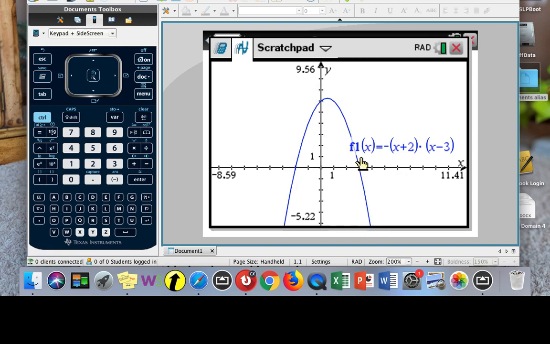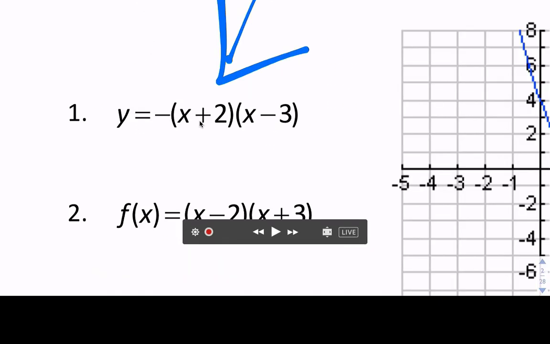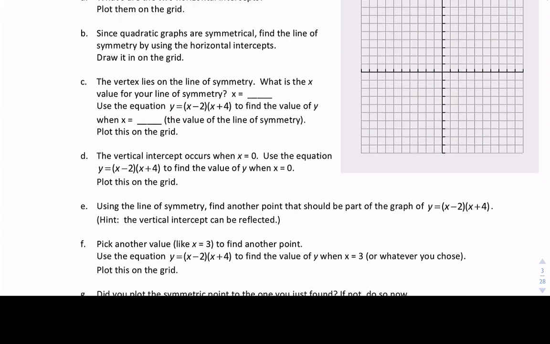One is at negative 2 and one is at positive 3. So again, you'll be looking for patterns between your factors and your graphs. So after you do the activity and answer the question, then we'll summarize in class.